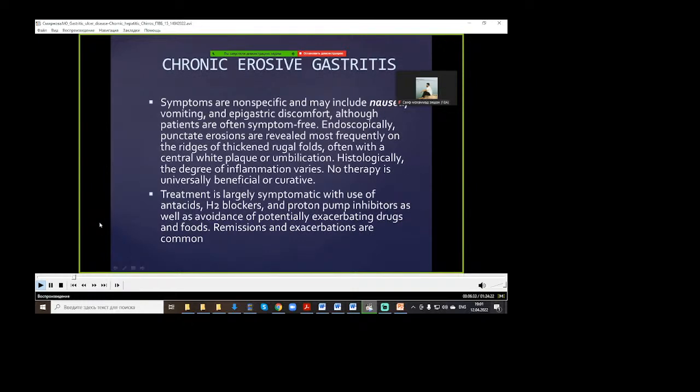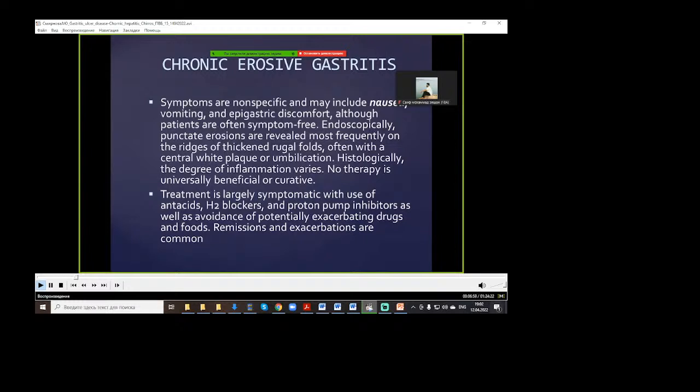Symptoms are non-specific and may include nausea, vomiting, epigastric discomfort. Some patients may be symptom-free. Endoscopically, punctate erosions are seen most frequently on the ridges of thickened rugal folds, often with a central white plaque or umbilication.